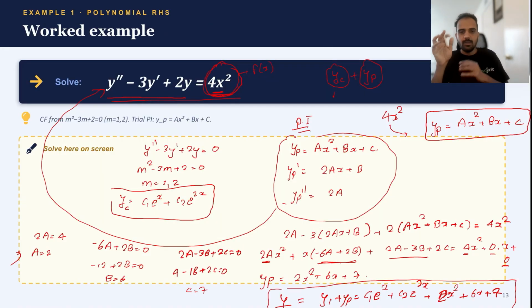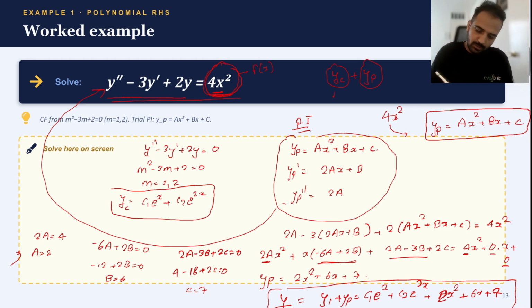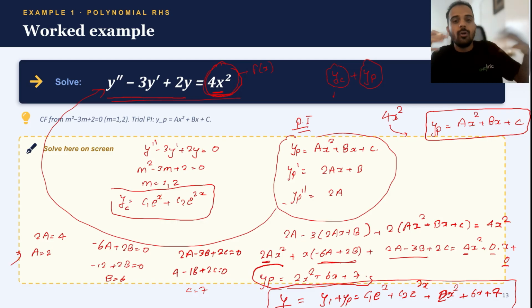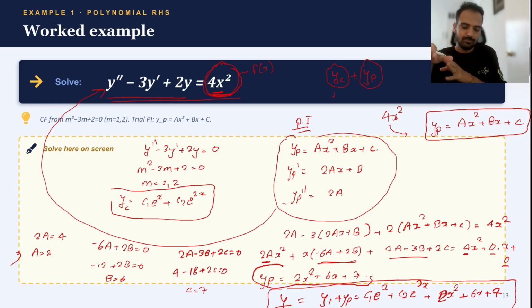And remember one thing, your particular solution should not have any unknown constant. Everything should be known. But in the complementary solution, you may have the general constants there. So this is our final solution.